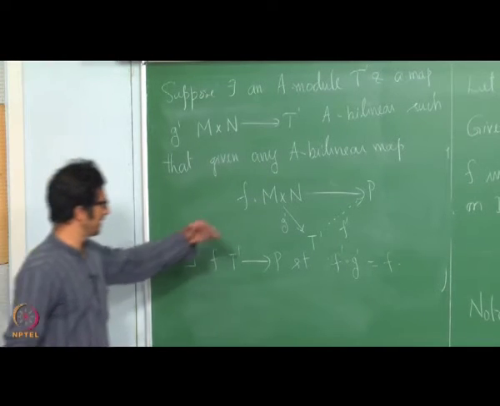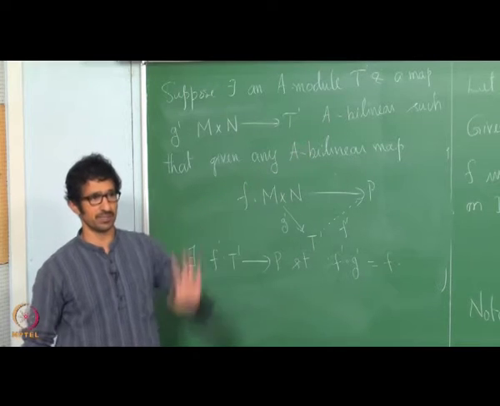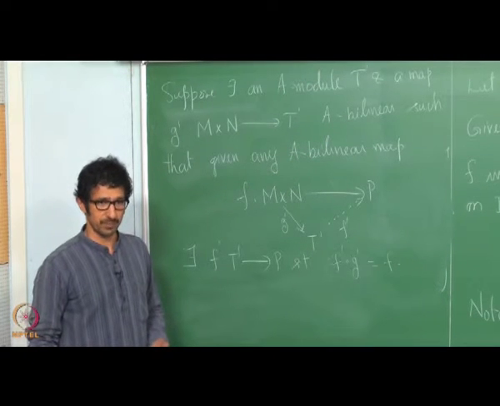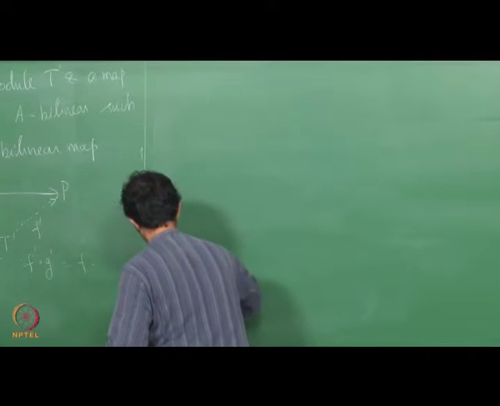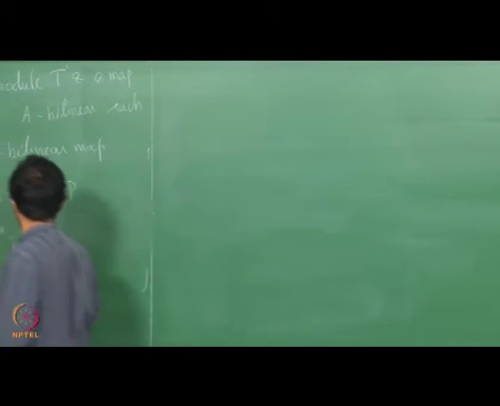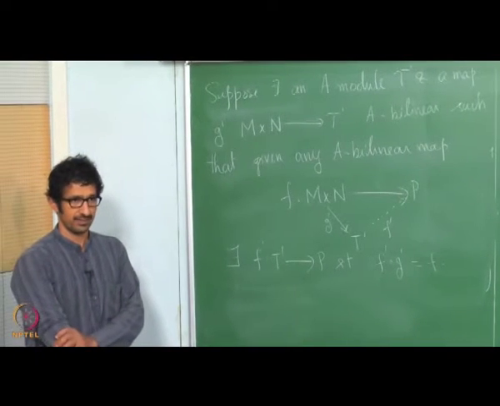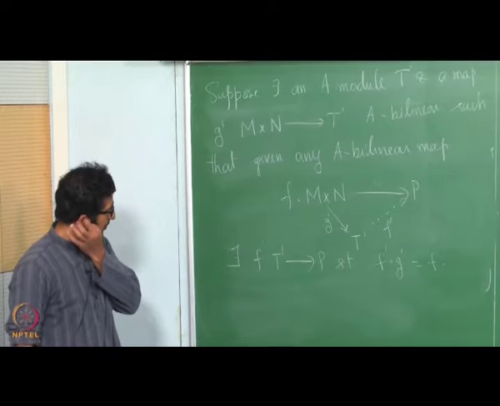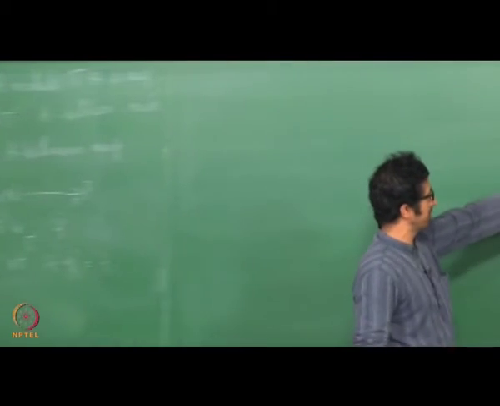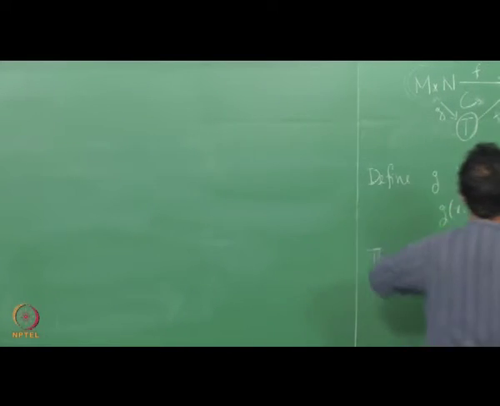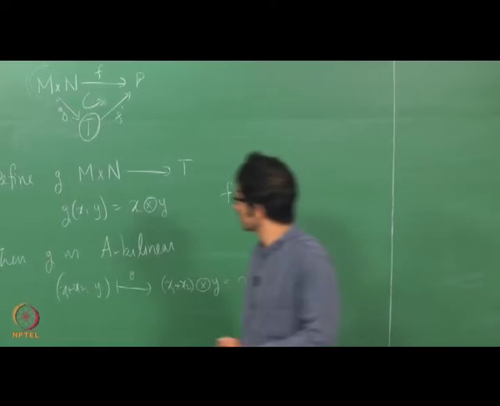Suppose you have another module T prime which satisfies the universal mapping property. We want to say that T prime is isomorphic to T. Okay. So how do I say that? See, both of them are defined using a universal mapping property. Okay.